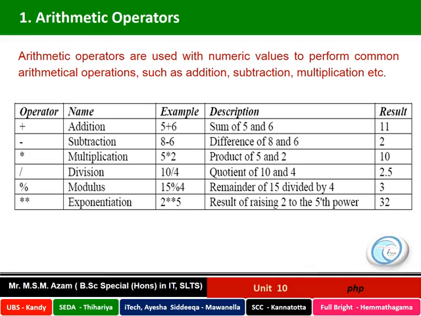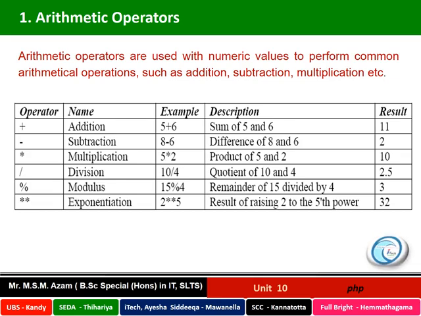You can get an idea about addition, subtraction, multiplication and division by checking the screen. We will talk about the last 2 operators, modulus and exponentiation, in detail. First one, modulus.